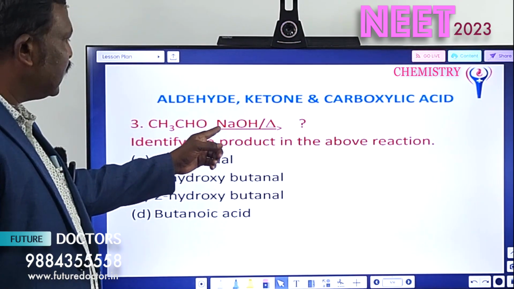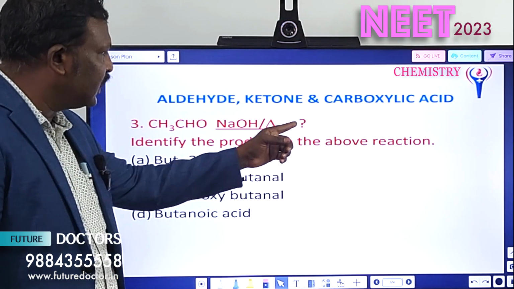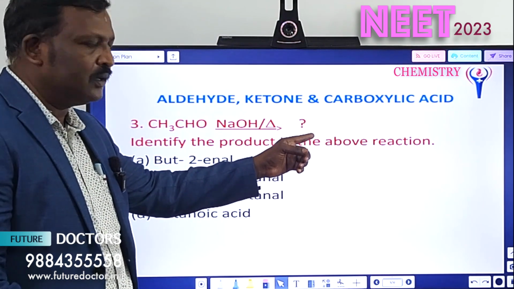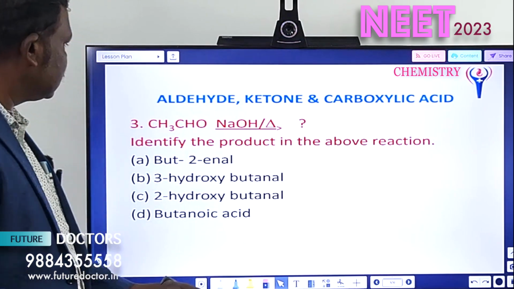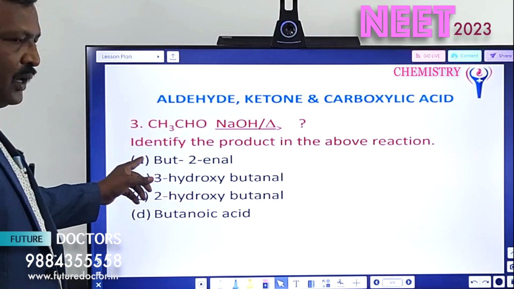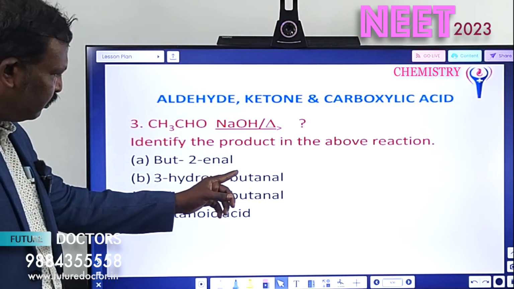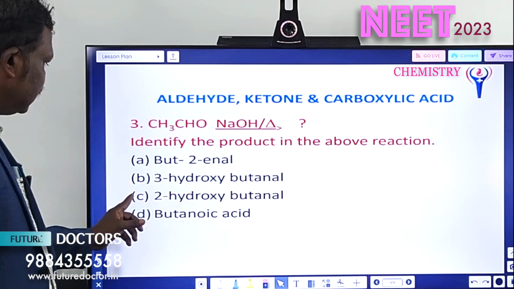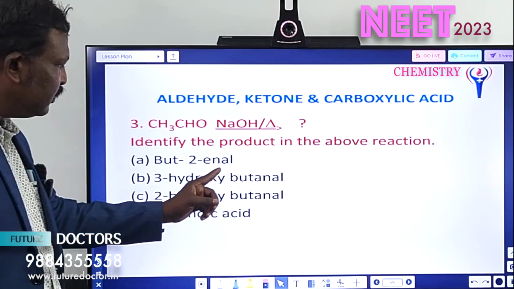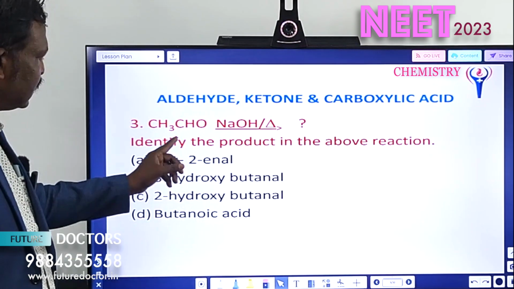CH3CHO reacts with sodium hydroxide on heating to get the product. We have to identify the product in the above reaction. Option A, but-2-enal; B, 3-hydroxybutanal; C, 2-hydroxybutanal; D, butanoic acid. These are the options I gave.